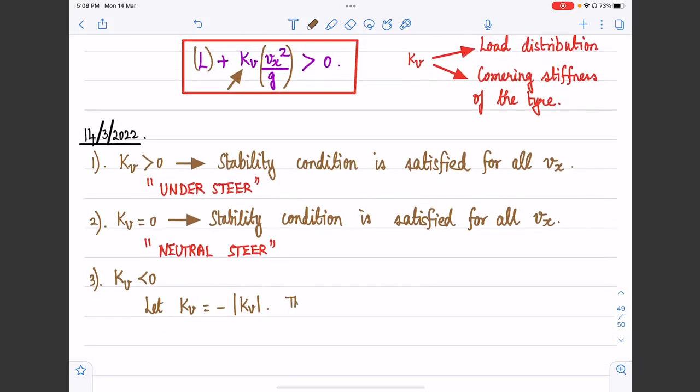So the limiting condition or the limiting speed. Okay, so let me rewrite this. We can essentially call it limiting condition, right? What do I mean by limiting condition?